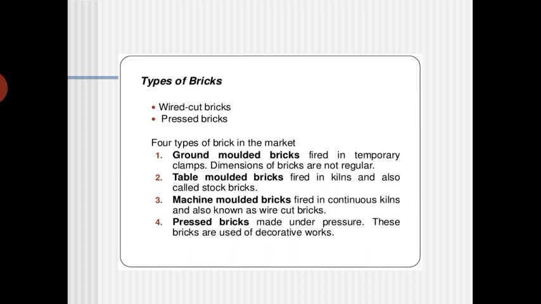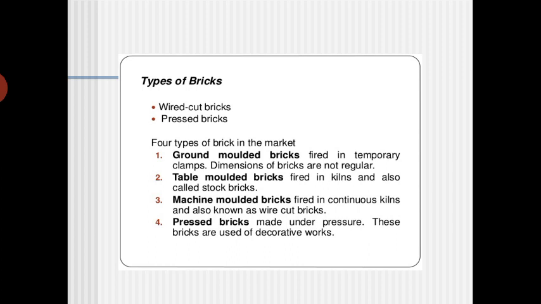and they burn them using normal wood. Table molded bricks are fired in kilns and are also called stock bricks. You already know how cement is prepared: cement is prepared with the help of the kiln process. In the kiln, normally we maintain a temperature of around 800 to 1000 degrees centigrade, and there we burn these bricks.